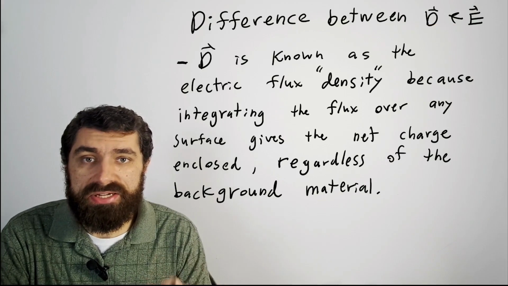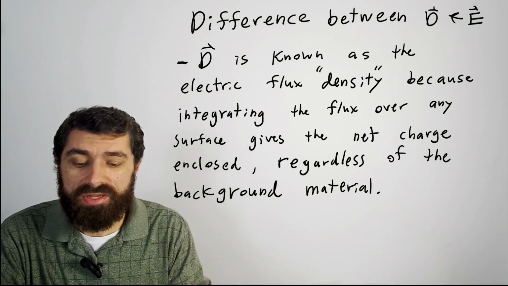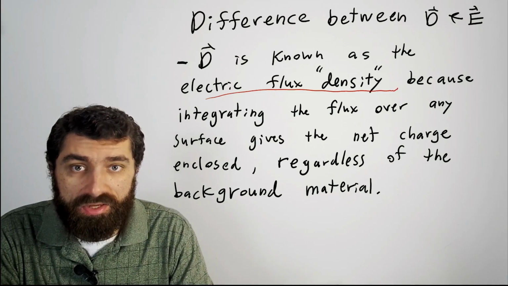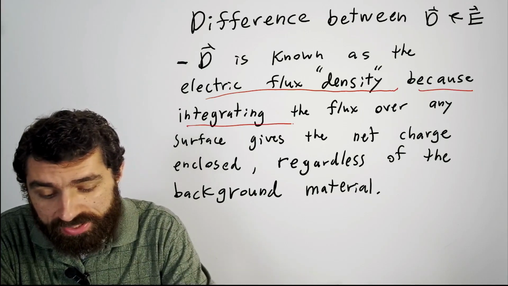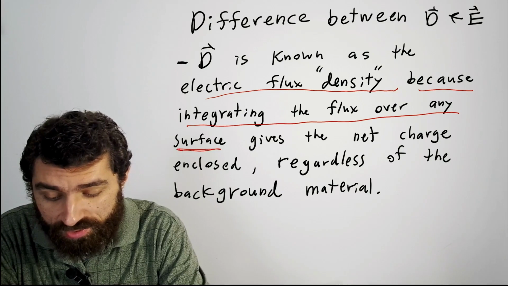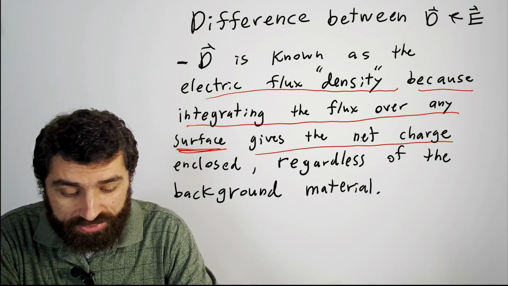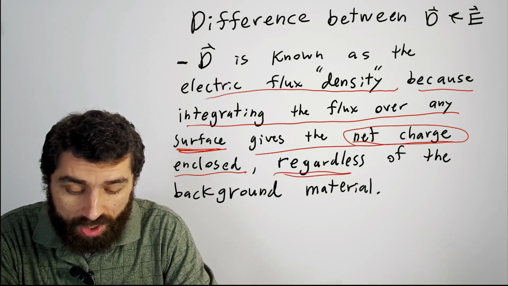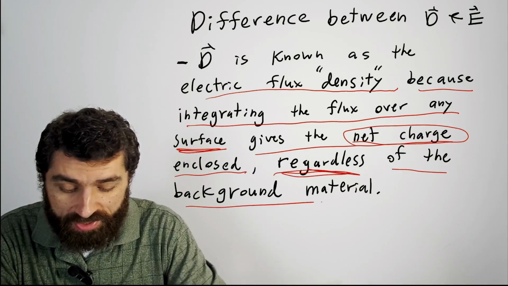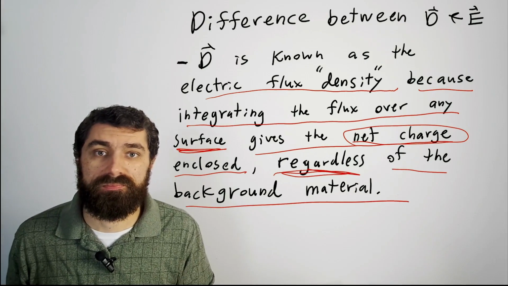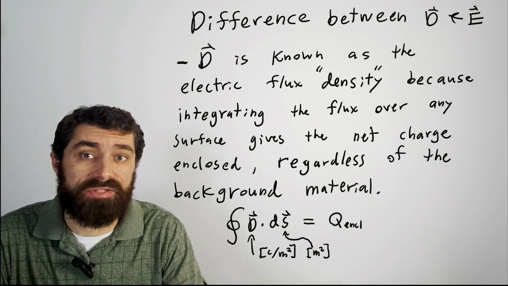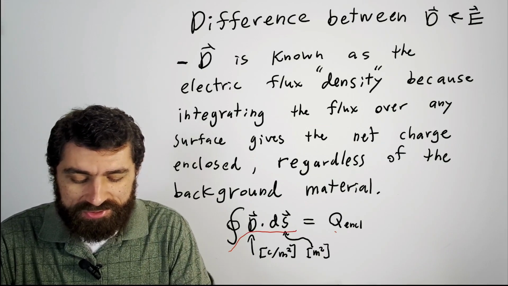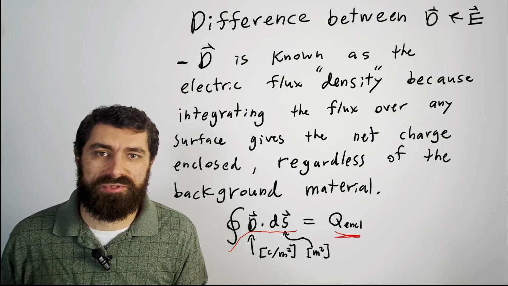D is known as the electric flux density because integrating the flux over any surface gives the net charge enclosed regardless of the background material. Stated mathematically, we can say that the integral of D dot dS is equal to Q enclosed.